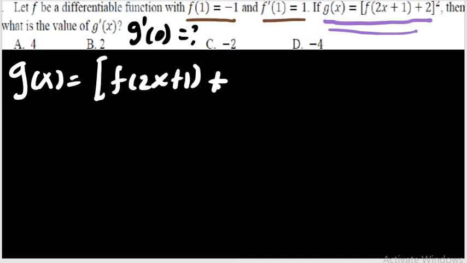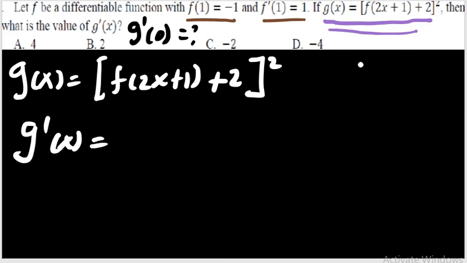So g of x is equal to big bracket f of 2x plus 1, then plus 2, the whole square. This is a function. So we have to derive g derivative of x according to the power rule, like x to the power of n, derivative means n times x to the power of n minus 1.